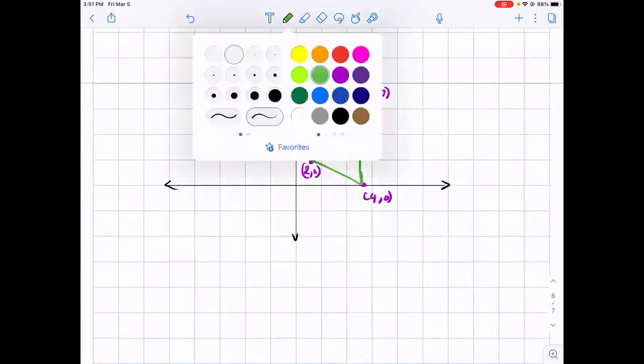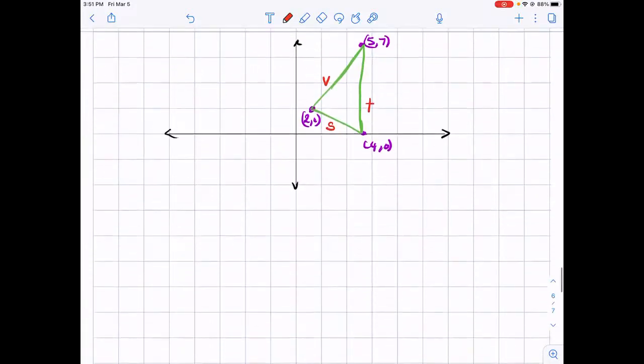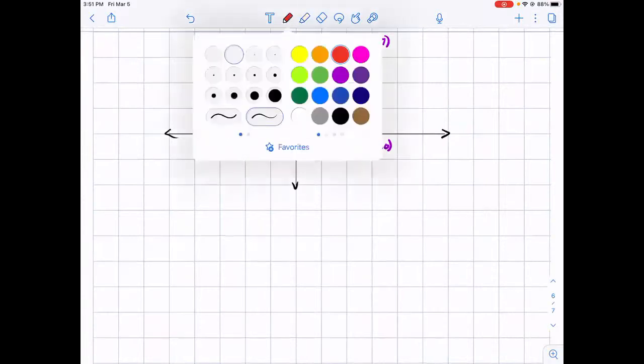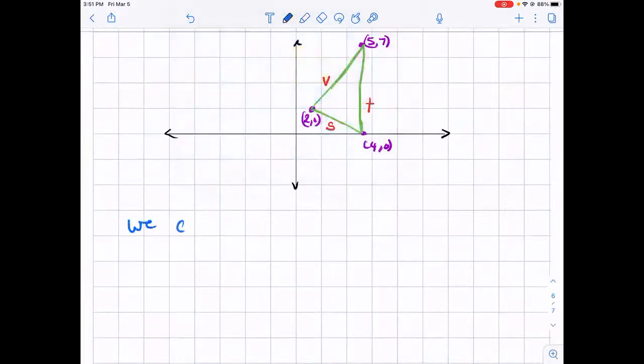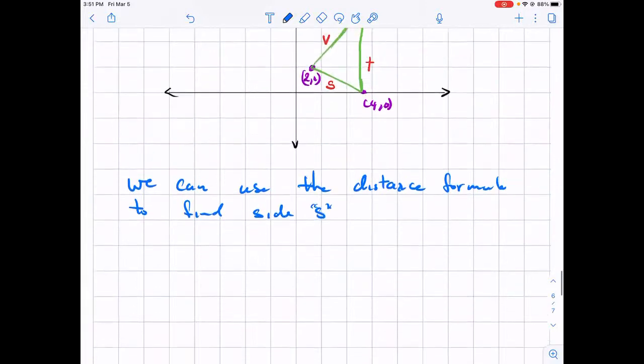Let's call this side S, side T, and side V. So we can use the distance formula inside S. The 2 points we have there are 2, 1 and 4, 0.